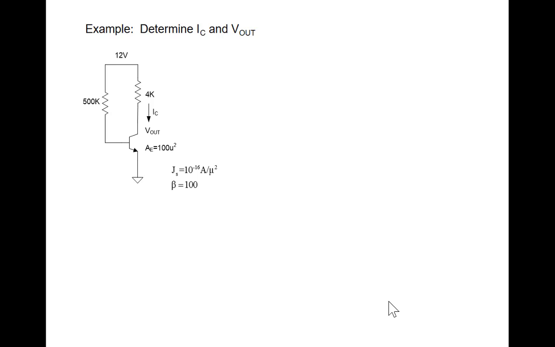Base collector voltage was negative, and the base emitter voltage was bigger than, I think we said, 0.4 volts. Okay, so these are the verification conditions.